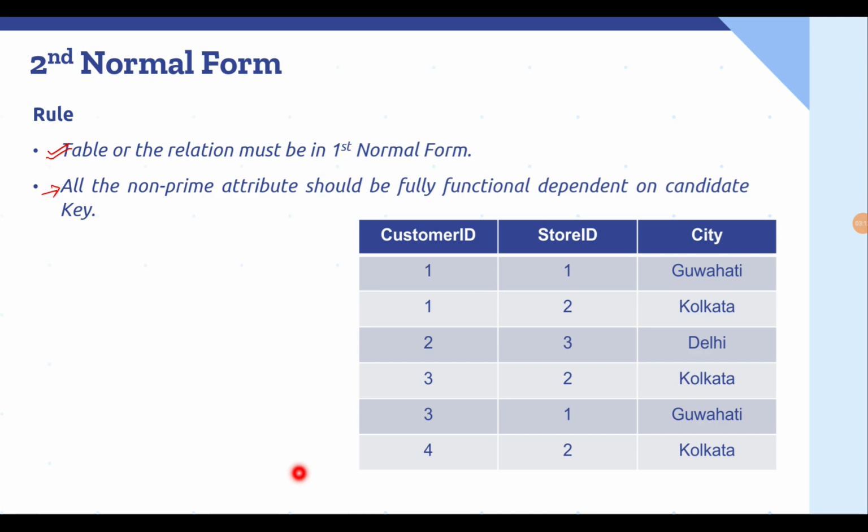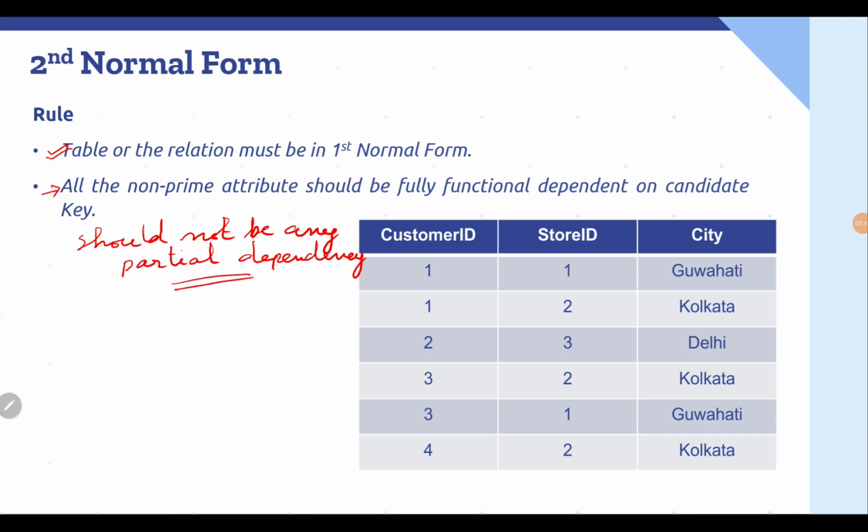In some other references, it may be written that there should not be any partial dependency. This is another way of representing the second normal form.